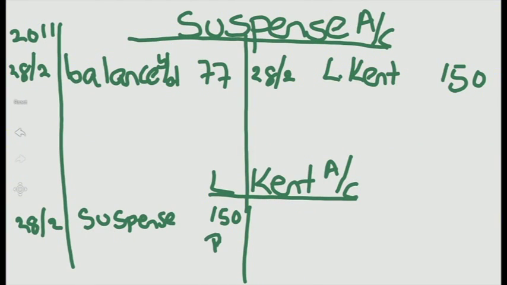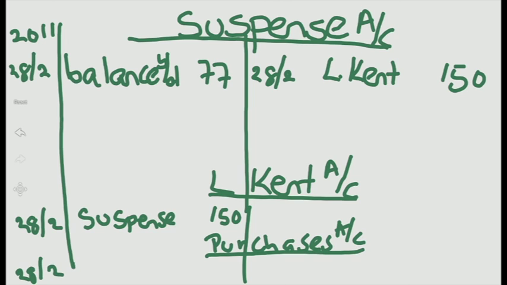Error number 2, the purchases account had been undercast by 20. What will then happen? We will open purchases account, and undercast to the purchases. Purchases account has got a debit balance, so therefore the error discovered 28, suspense account, and undercast of 20 emalangeni.